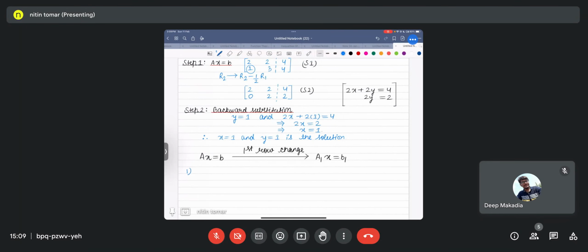First thing, the relation between A and A1. Second, what is the relation between, this is a very good question, b and b1.